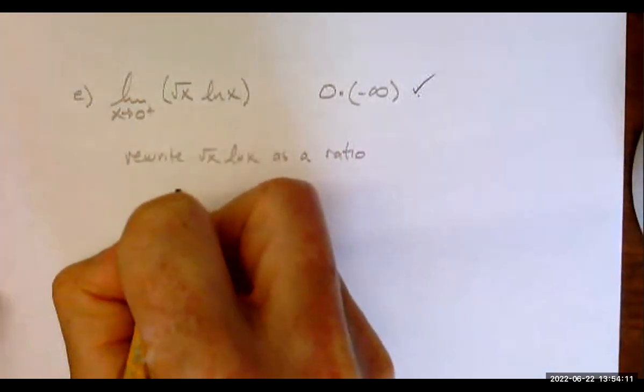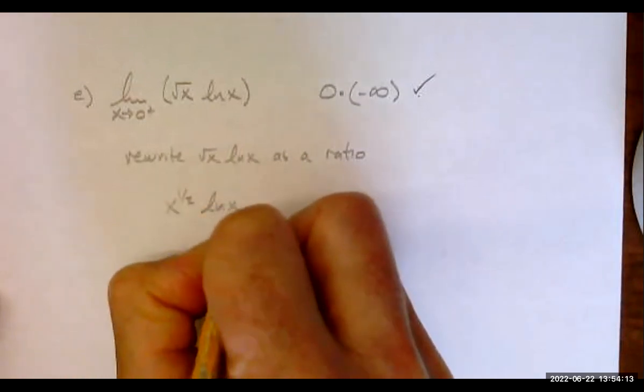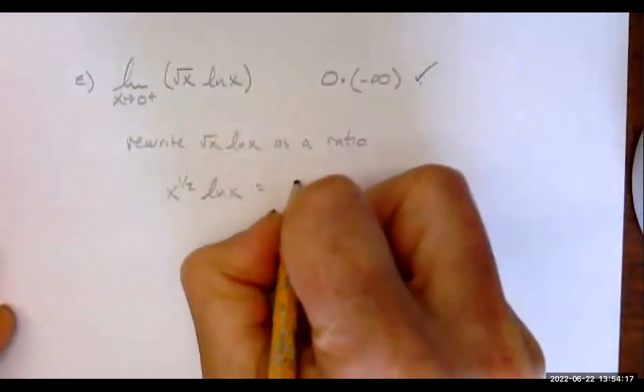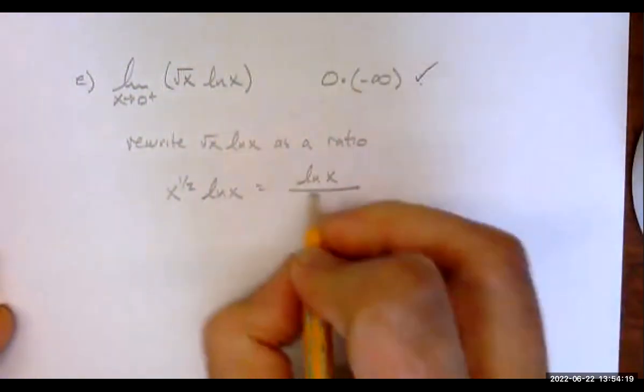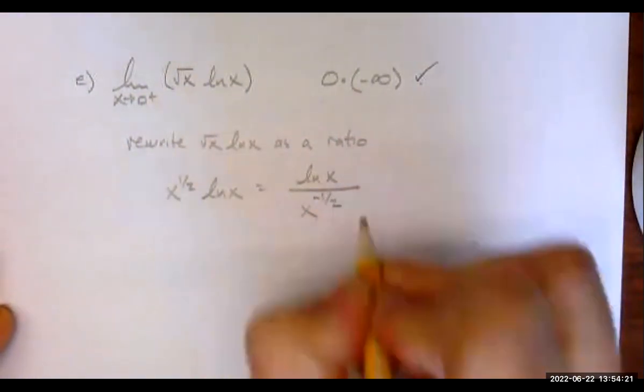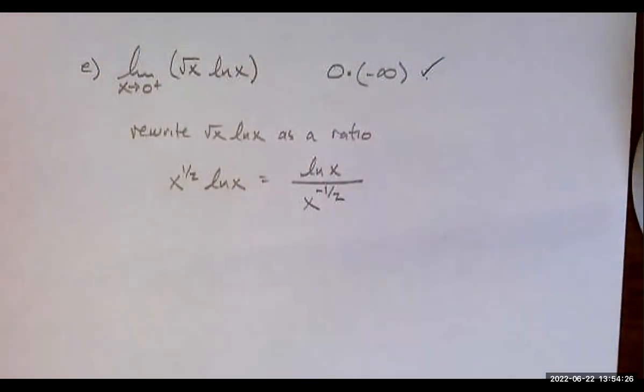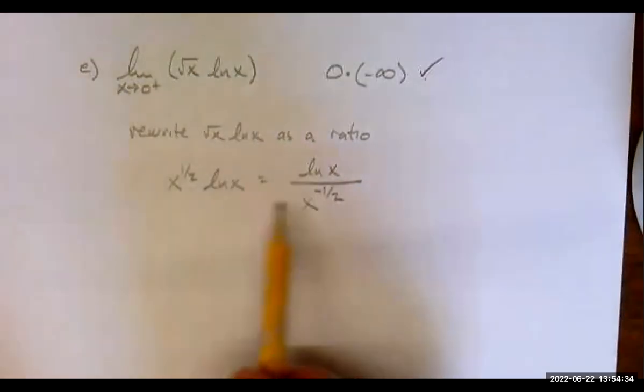This is x to the 1/2 natural log x. We could write it as the natural log of x divided by x to the negative 1/2. Tuck that 1/2 in the denominator, but if we do, we got to make the exponent negative. Now we've got a ratio, and we can go forward with L'Hopital's rule since they're equivalent.